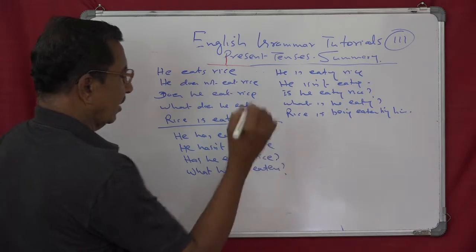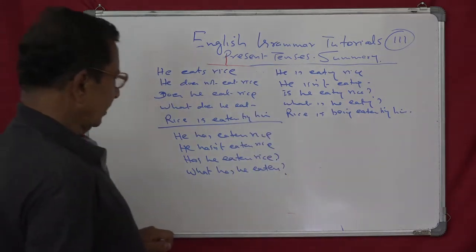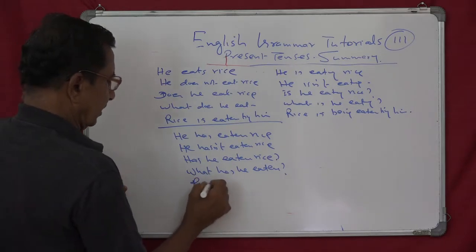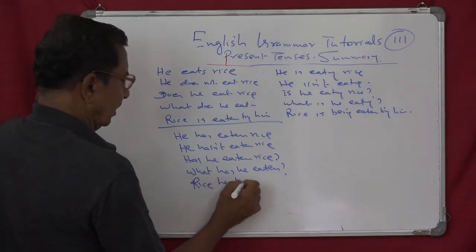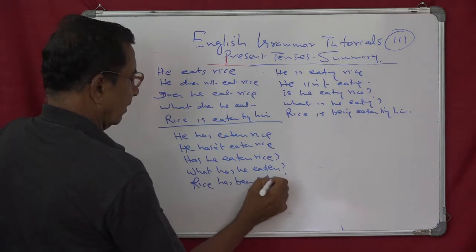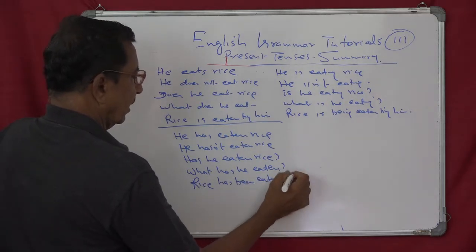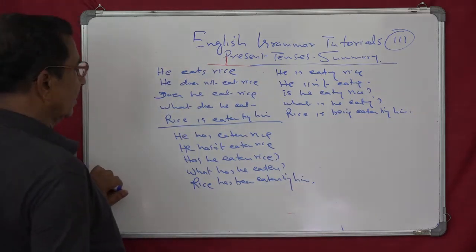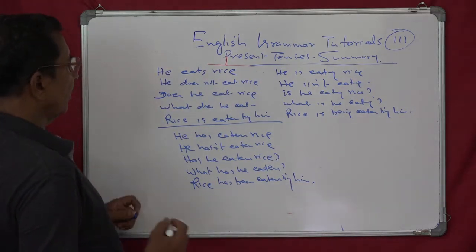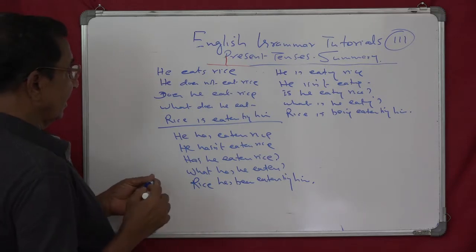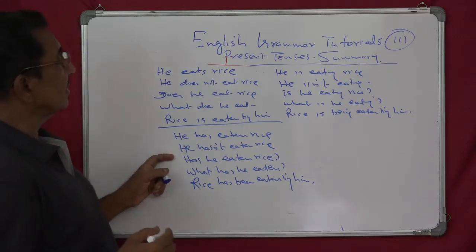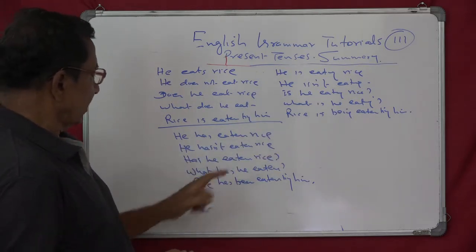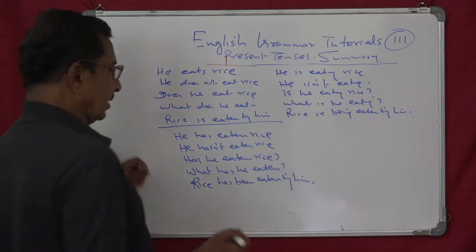See that? Alright. And then you have rice, passive, rice has been eaten by him. Oh, we have missed, isn't it? Yes. He is eating, yes. Hasn't eaten, he has eaten. What has he eaten? Rice has been eaten by him.